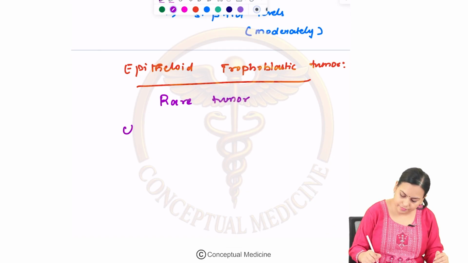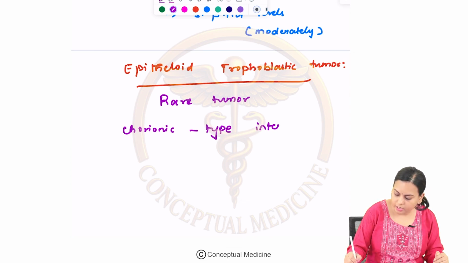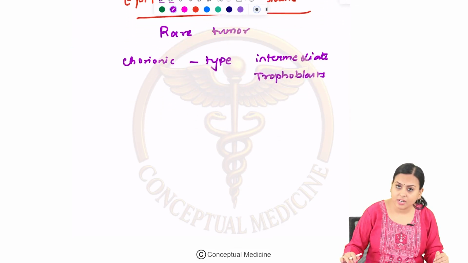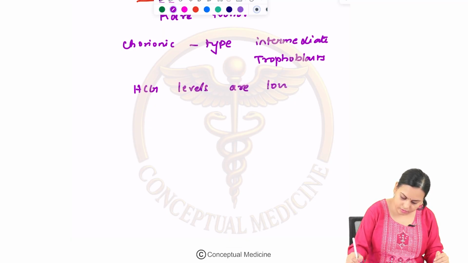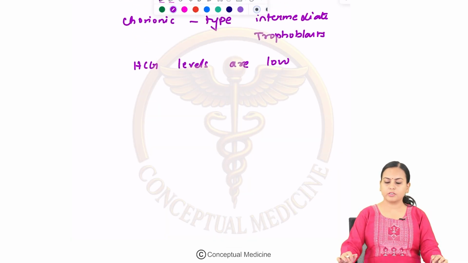It develops from chorionic type intermediate trophoblasts. hCG levels are low here. Yes. So, this is what you should know.